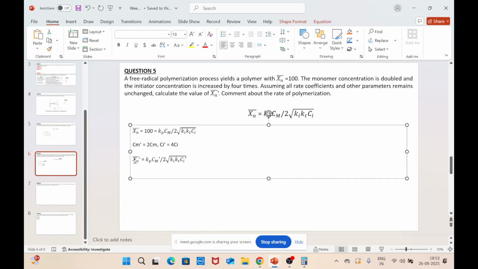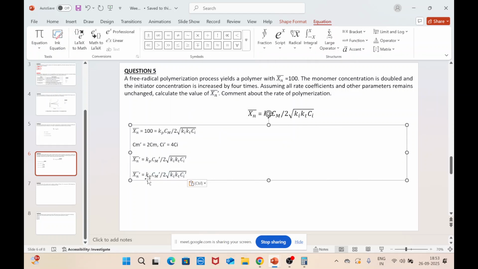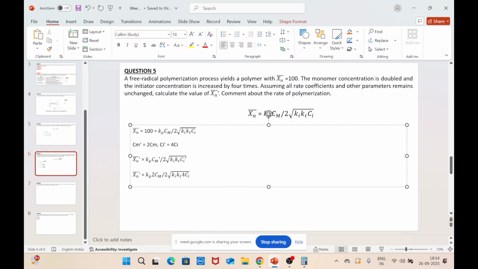So Cm dash is going to become 2 times Cm, and Ci dash is going to become 4 times Ci. Is this fine?